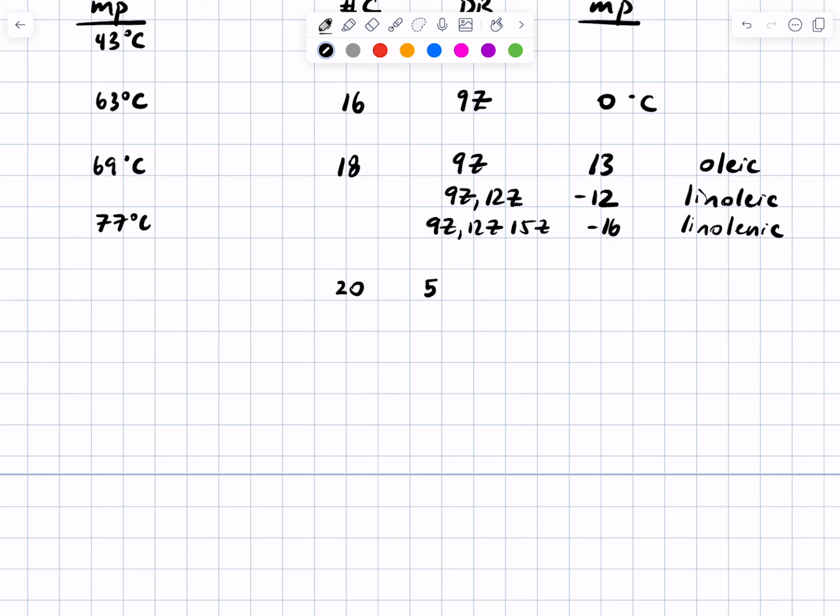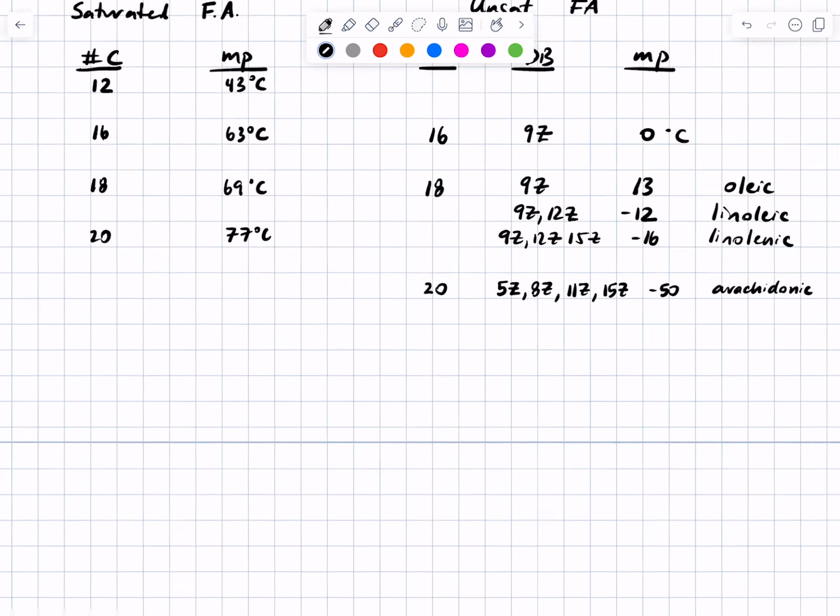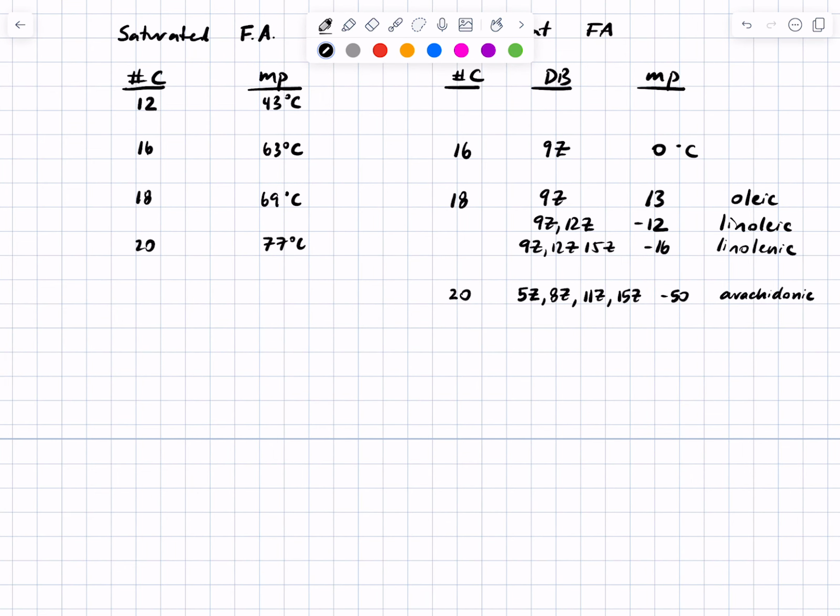There's a 20 carbon polyunsaturated fatty acid that has 4 double bonds, and its melting point is -50. This one is called arachidonic acid, and we will talk about that a little bit later. Arachidonic acid is a precursor to a lot of the eicosanoids, which are a class of non-hydrolyzable lipid.